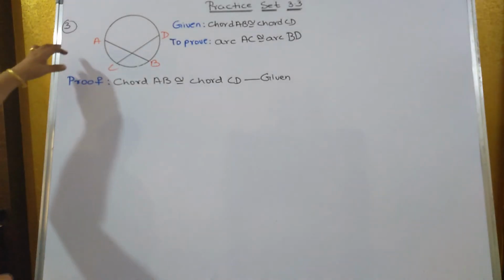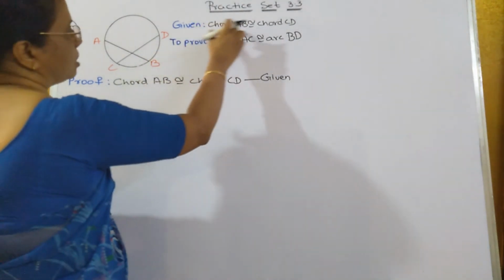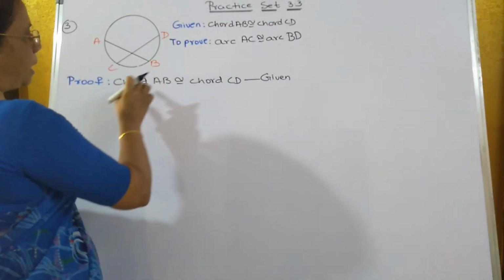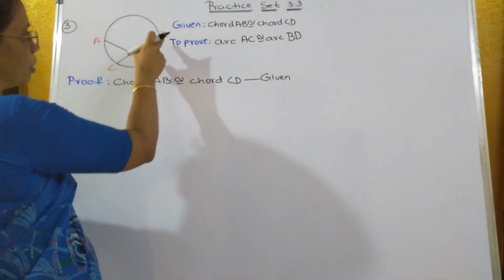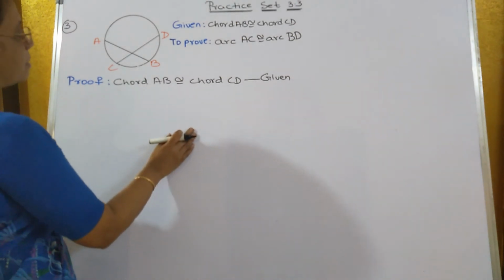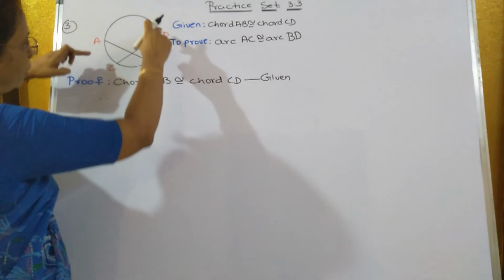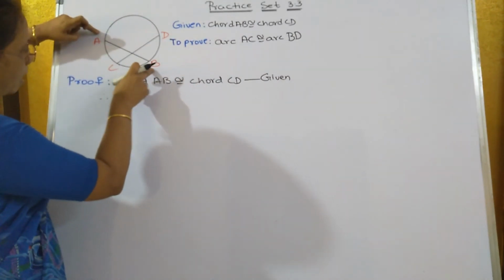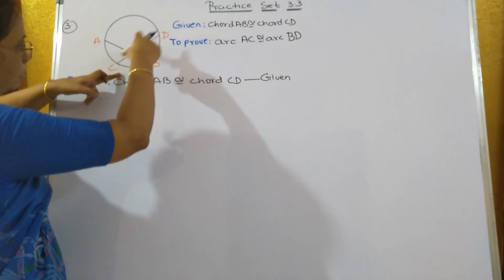Now sum number 3 of practice set 3.3. They have already given that chord AB is congruent to chord CD, and we have to prove that arc AC is congruent to arc BD. Now chord AB is congruent to chord CD, that is given. Therefore, we had discussed this before. If the chords are equal, then the arc that comes inside, that is ACB, will be equal to arc CBD.